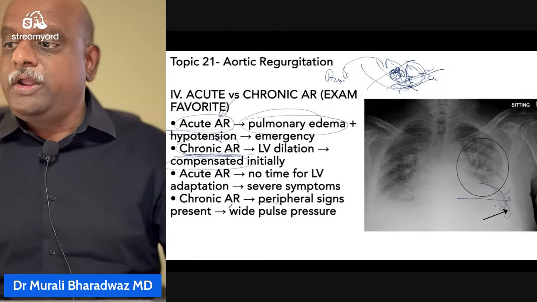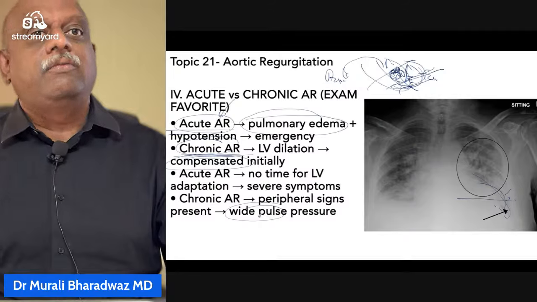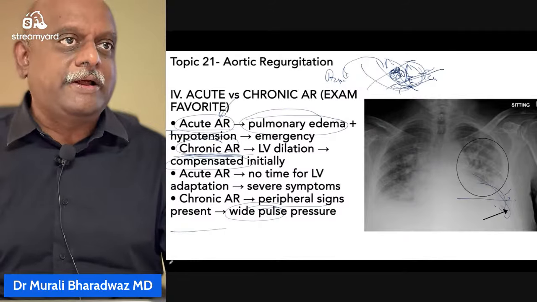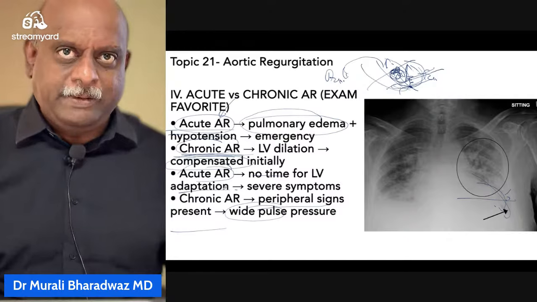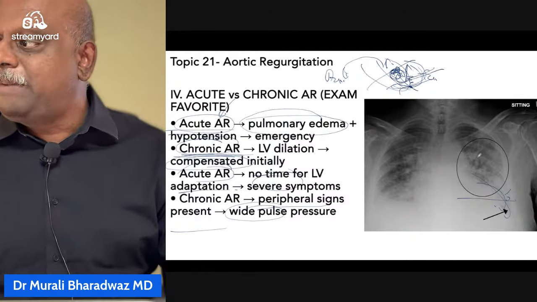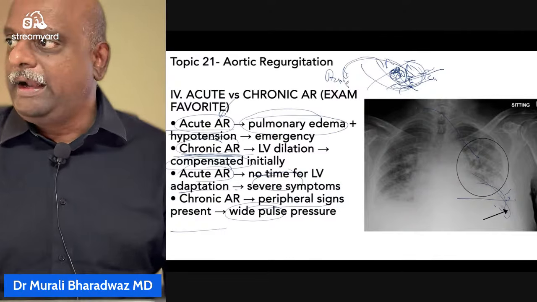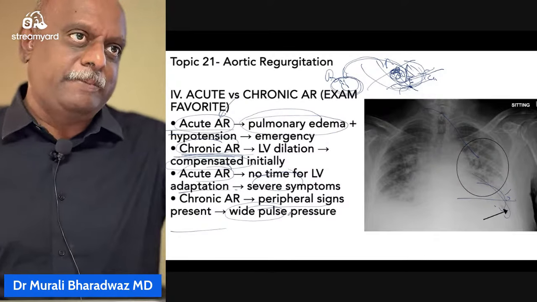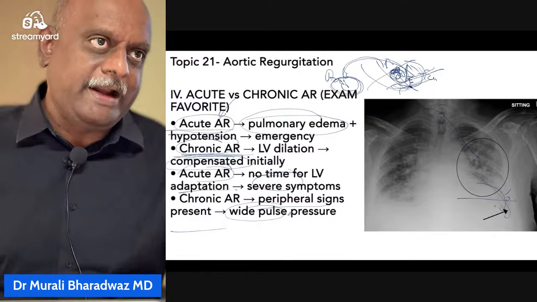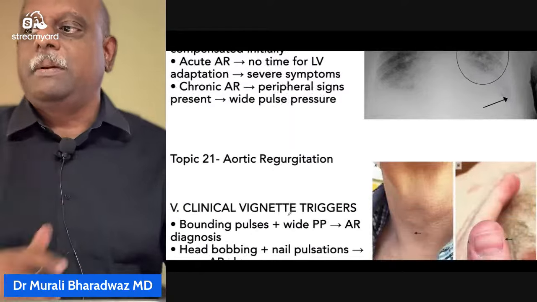That is the reason what do you get? Wide pulse pressure, peripheral signs and all that. In acute AR, there is no time for LV to dilate and adapt to that high pressure. That reflects to the backward chambers and acts on the pulmonary capillary wedge pressure, leading to the development of pulmonary edema is what you need to remember.